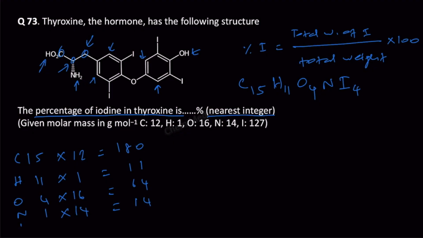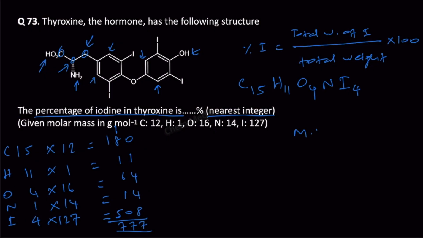And then iodine, we have 4 of them, 4 times 127, and that is equal to 508. So adding these up, the total is 777. That's the molecular weight.